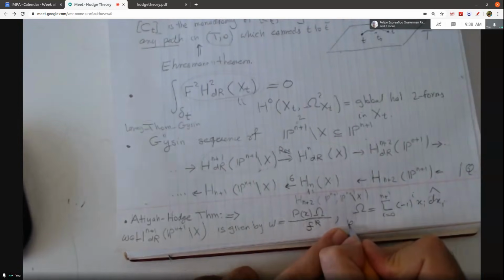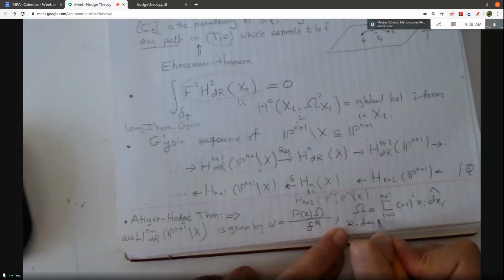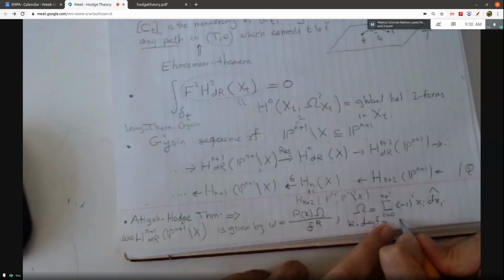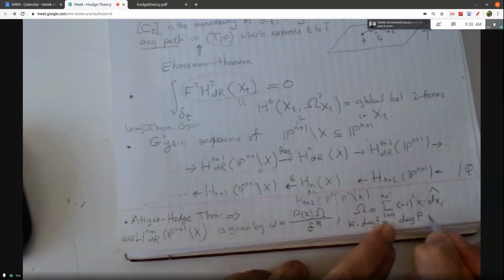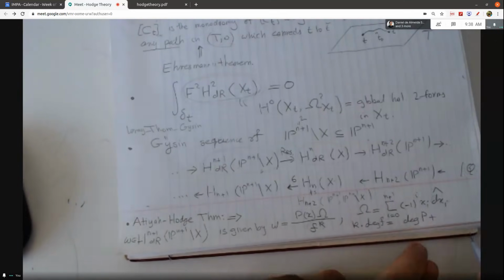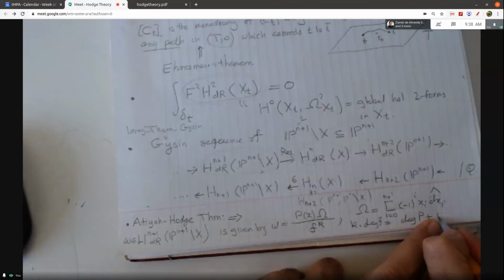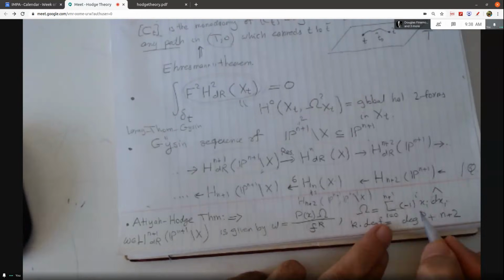So at the end, k times the degree of f, which is d, must be the degree of P plus the degree of this one, which is n plus 2, and P is homogeneous.